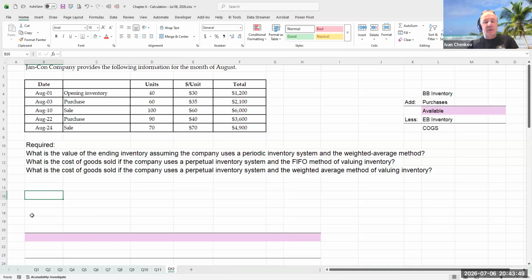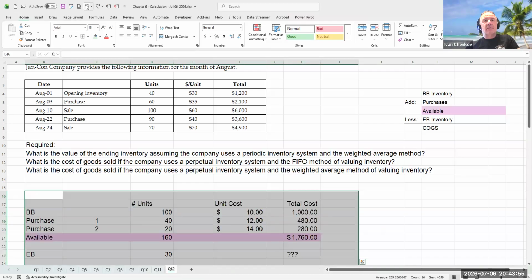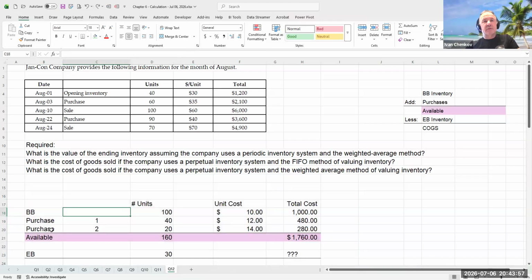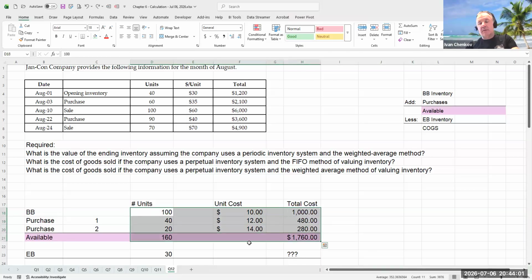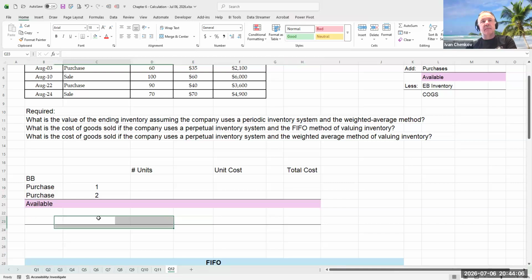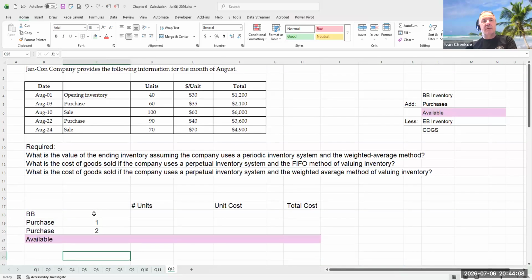What we need is the beginning balance, number of units. Let me go back to the number of units. I'm going to delete all this and we're going to start from scratch. So we need the beginning balance.